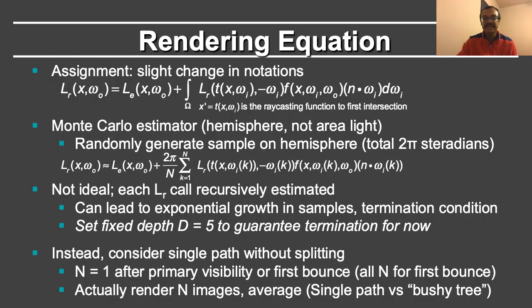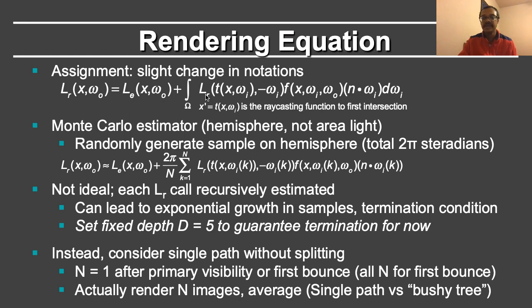Let's now get to the details of the assignment. First, I just want to point out a couple of minor changes in notation if you're looking at the assignment and trying to make the correspondence with the rendering equation we've discussed. The reflected light is the emissive light plus the integral as before. Now we have the BRDF, the cosine term, and the integration over the solid angle.